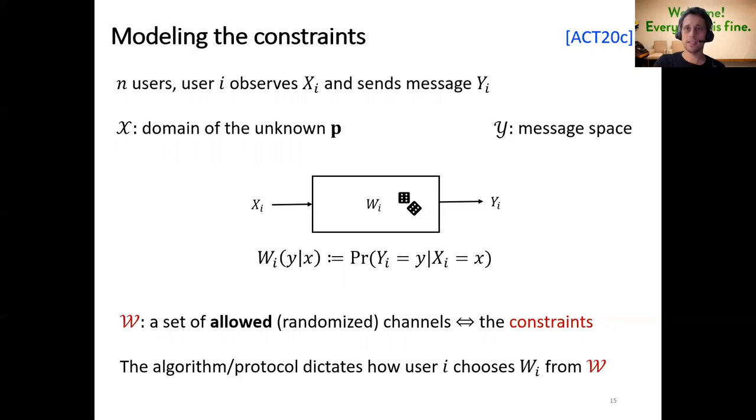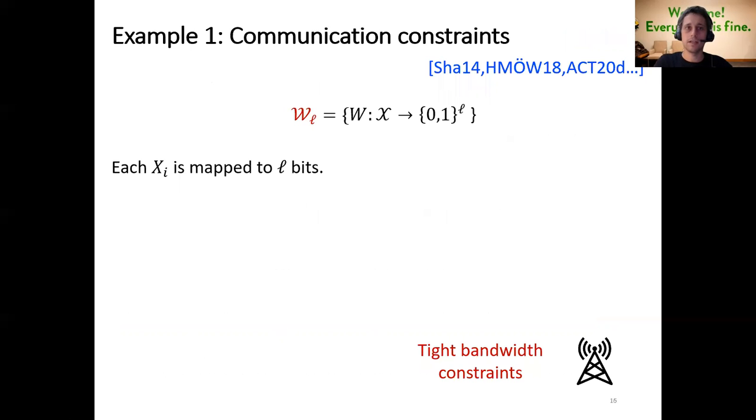In case this is a little bit too abstract, let's instantiate that to our two suspects, the communication constraints and privacy constraints. For communication constraints, the type of channels will be pretty simple. We've got l bits to send per user. So each user can only send l bits.